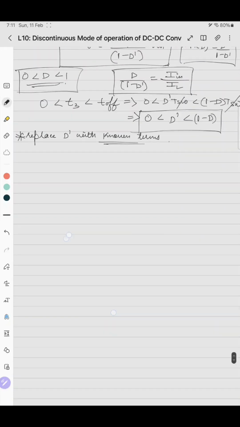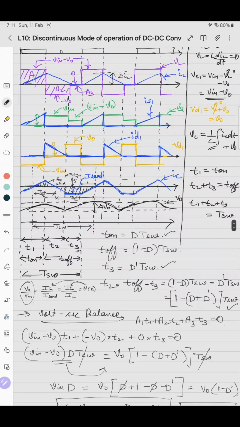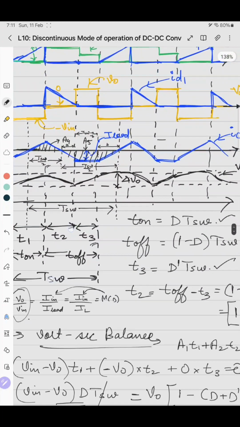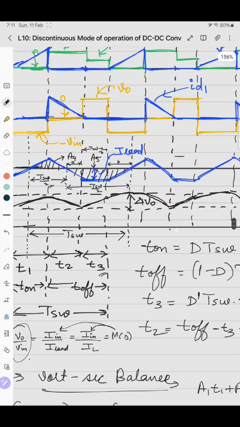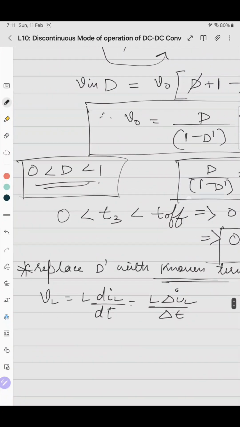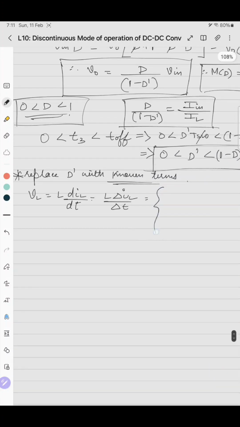So we know that VL is L dIL by dt, that is L delta IL by delta T. We can write this in terms of T2 and T3, which have the d dash term, while T1 has the d term, which is known. So we have to write for T2 or T3. Here VL can be VL1, VL2 or VL3.